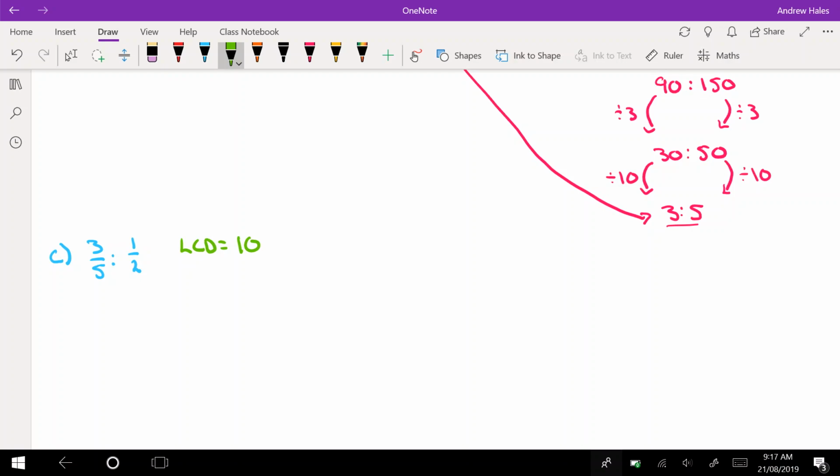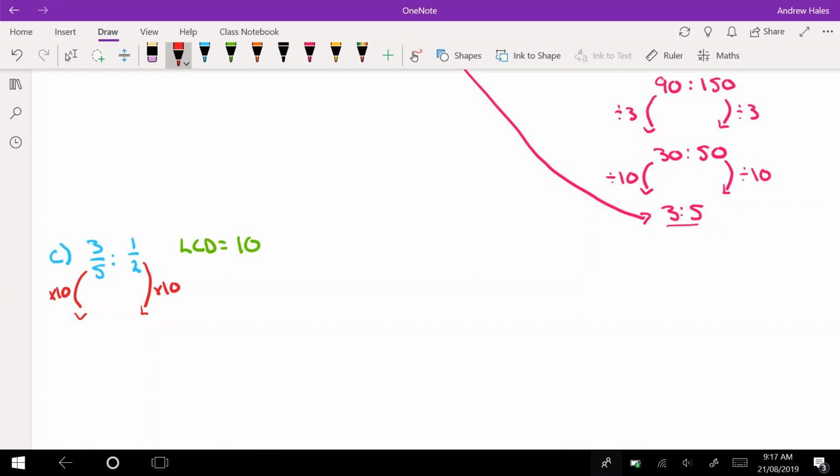Now I'm going to times both of my quantities here by that same number. And what should that same number be? Myself pausing for effect because I want you guys to get the answer. The answer is going to be 10. So multiply that side by 10, multiply that side by 10.